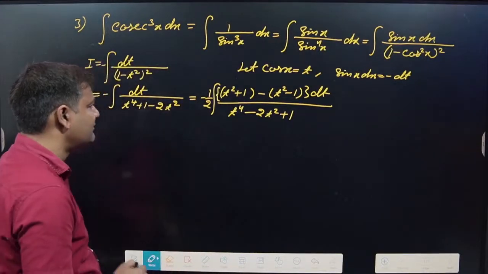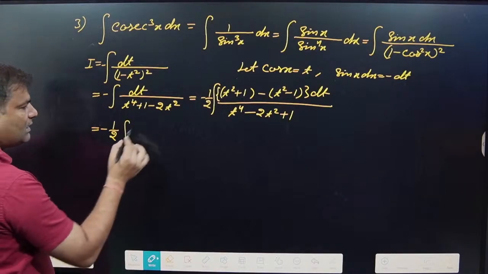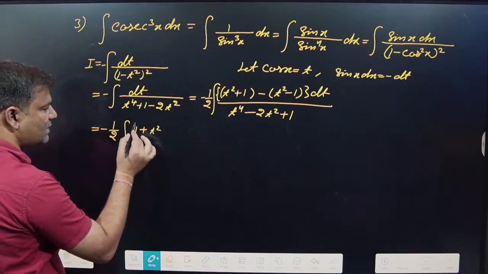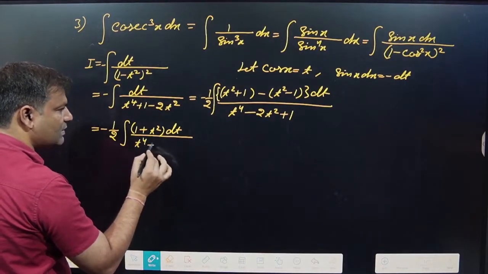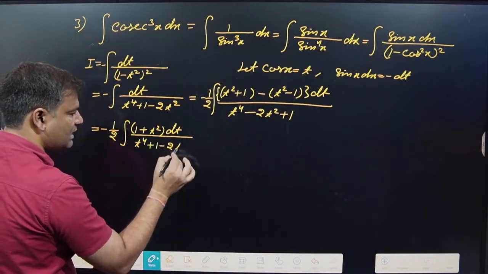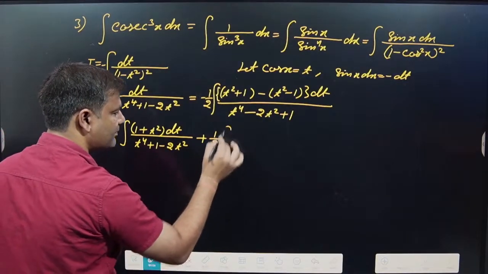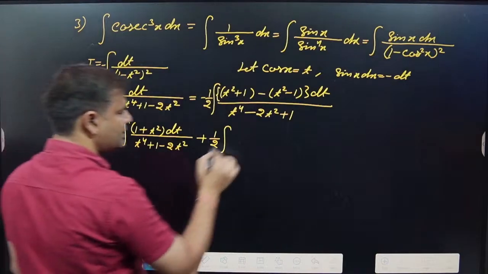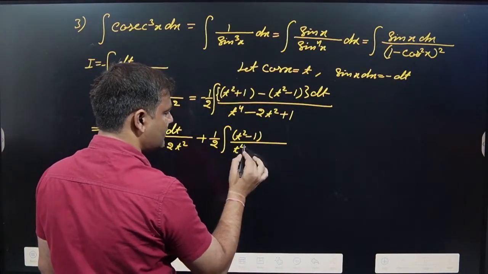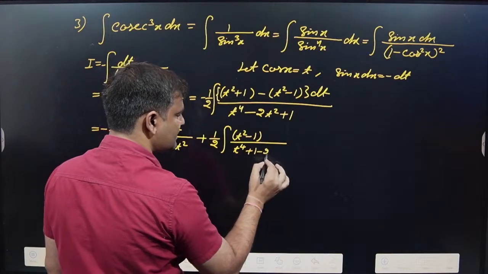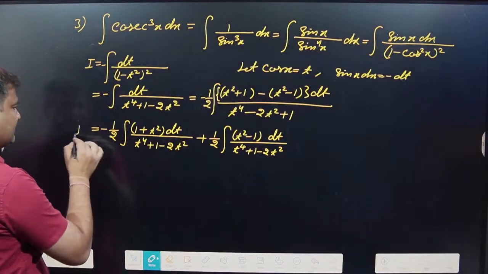What is the advantage of that? It is simply 1 by 2, 1 plus t square dt divided by t to the power 4 plus 1 minus 2t square, and this one, minus, plus 1 by 2, t square minus 1 divided by t to the power 4 plus 1 minus 2t square into dt, and that is I.